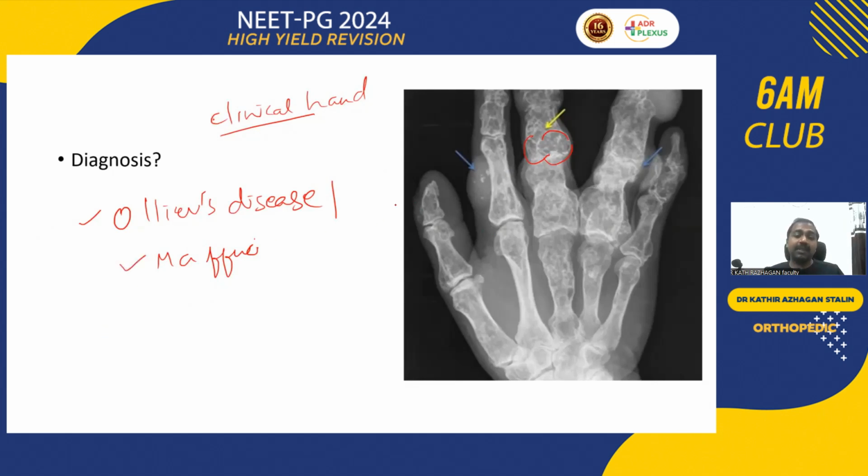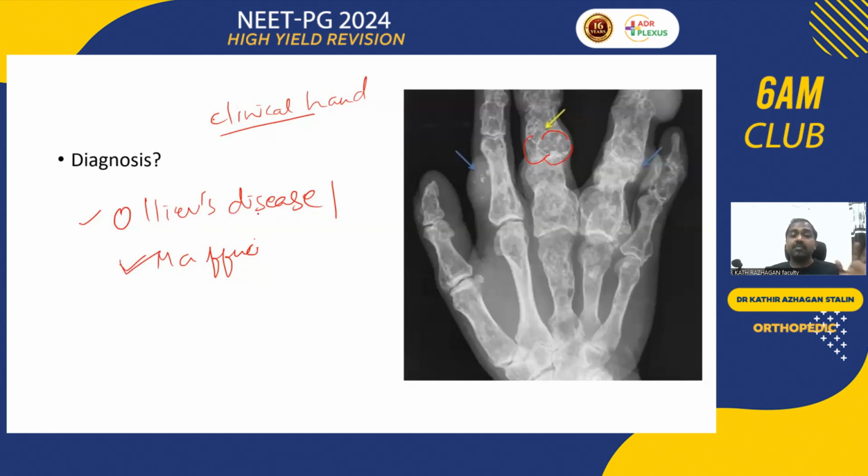So when such multiple enchondroma is in your question paper, look for the words Ollier's and Maffucci. If you have both in the options, then look for the word hemangioma in the question. If there is no mention of hemangioma but they have given a clinical picture, just close your eyes and answer Maffucci, because they are trying to check whether you know the difference between Ollier's and Maffucci.